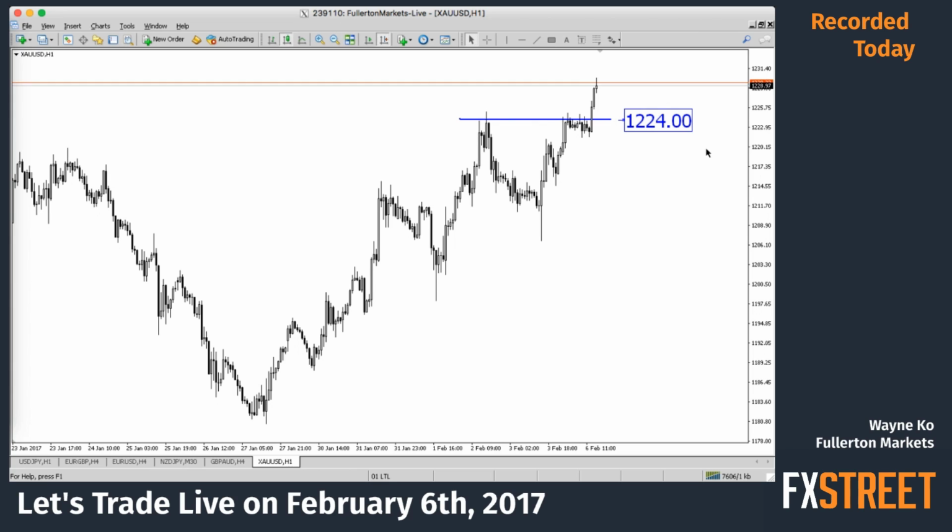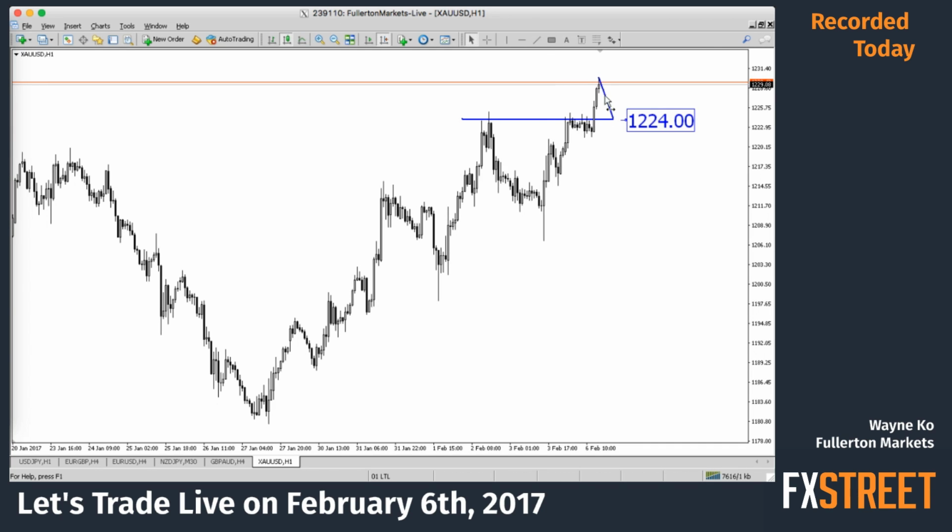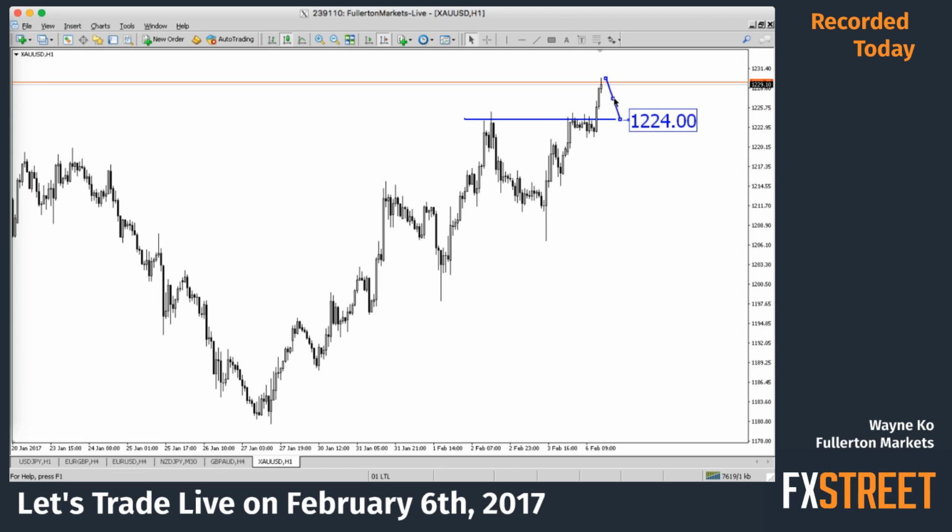It is not my style to chase after the price. I would prefer price to retrace back downwards, bounce up, then I will consider taking or following another trade.